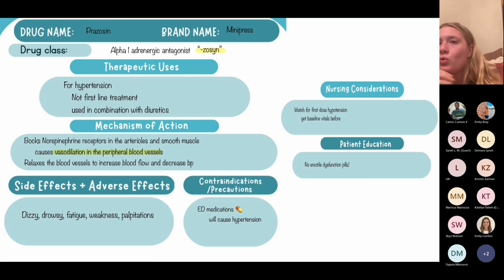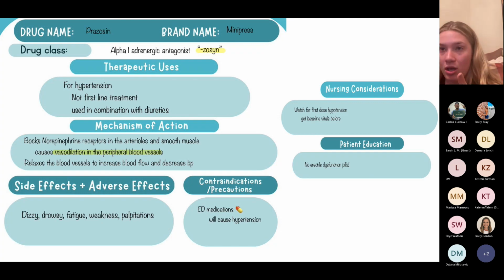So, our drug of choice for our alpha 1 adrenergic antagonist is going to be prazosin. Most of your alpha 1 adrenergic antagonists, I know it's a mouthful, but most of your alpha 1s end in that zosin, whether it's syn or sin. So, we give these drugs to treat hypertension.